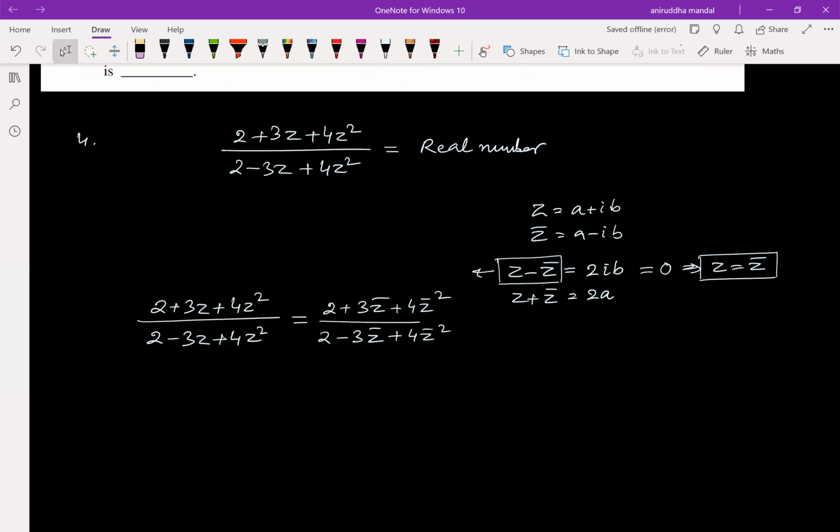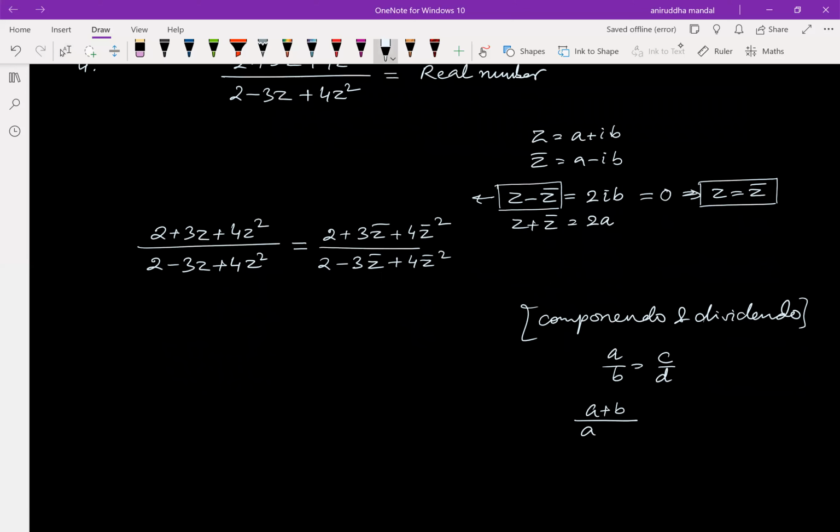Now we use componendo and dividendo. It says that if a by b equals c by d, then (a plus b) by (a minus b) equals (c plus d) by (c minus d). Applying componendo dividendo here, numerator plus denominator, and similarly numerator minus denominator.